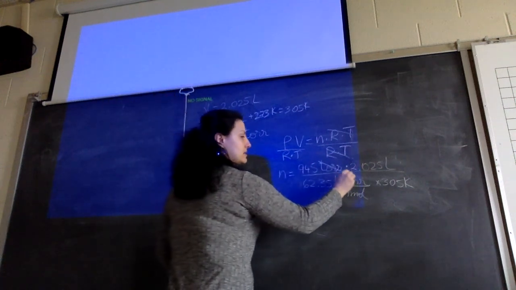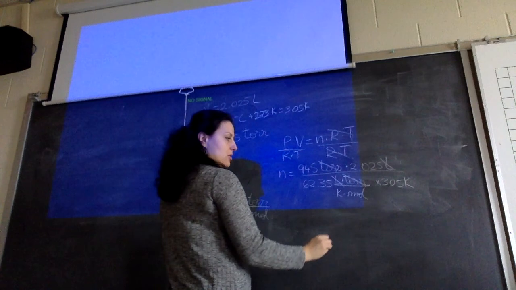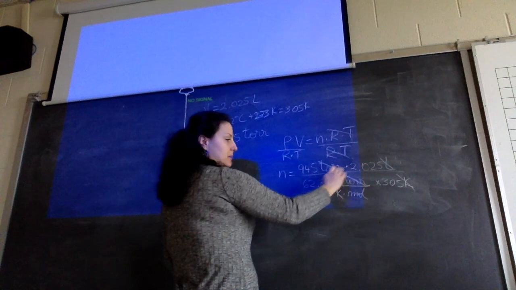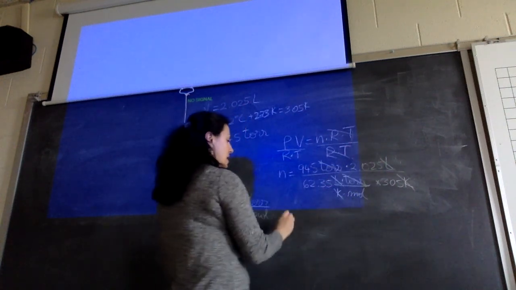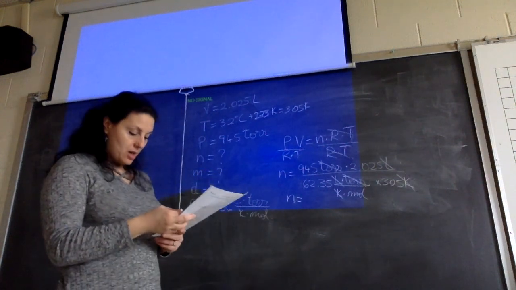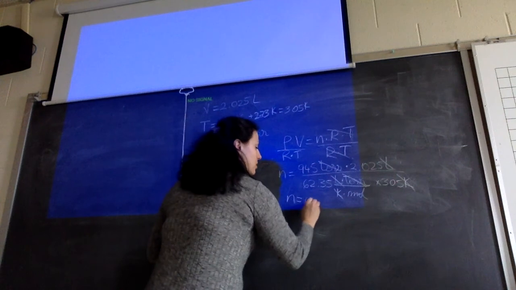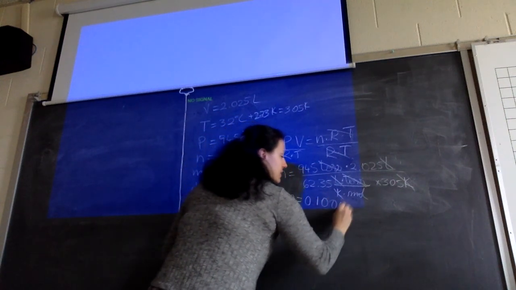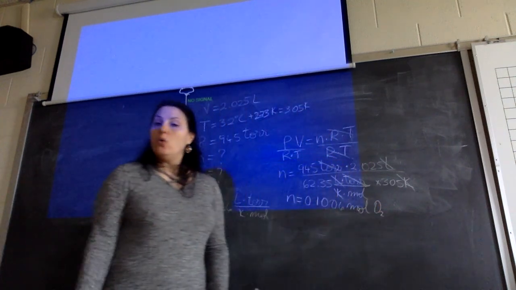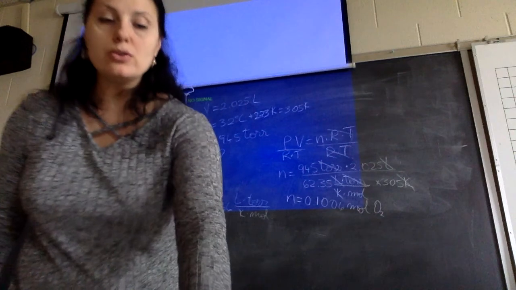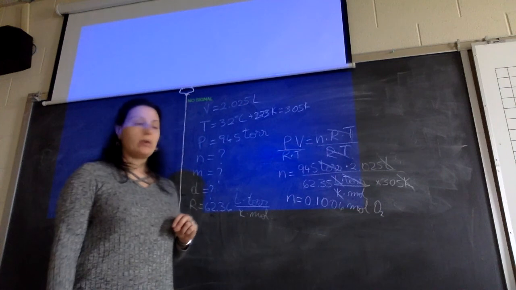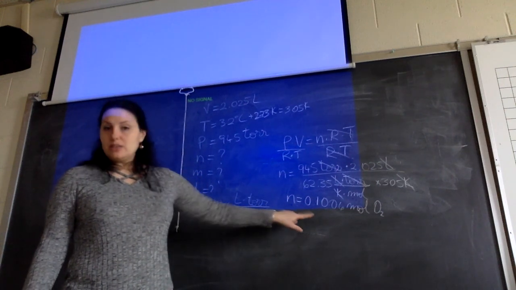Okay, my torr will cancel out, my liters will cancel out, my Kelvin will cancel out, the mole is at the bottom, so because I'm dividing by a fraction, the mole will come on top. So N is equal to, if I do all that math correctly, 0.1006 moles of O2. One hint is that the number of moles in general, when we're dealing with gases, is going to be a very small number, okay? So N is equal to that.